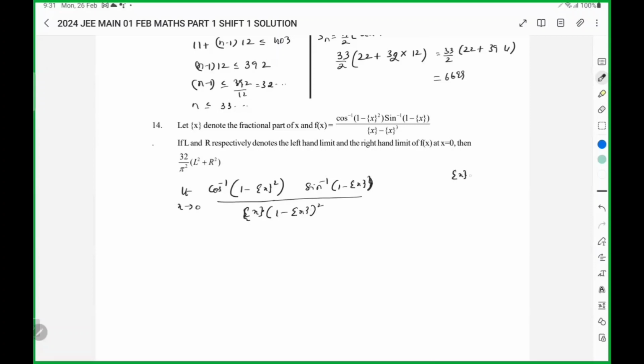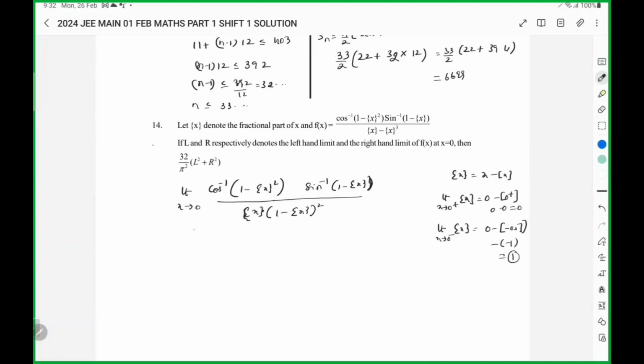Fractional part of x is x minus step x. Limit x tends to 0 plus, here it is 0. Limit x tends to 0 minus, it will be 0 minus, which means something very near, so we get plus 1.